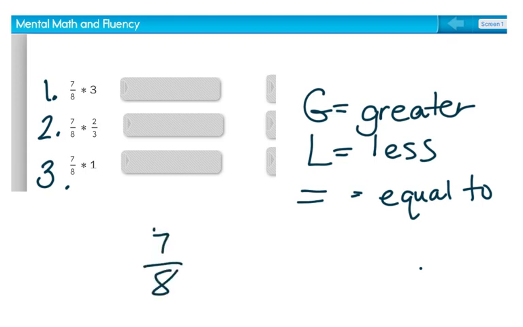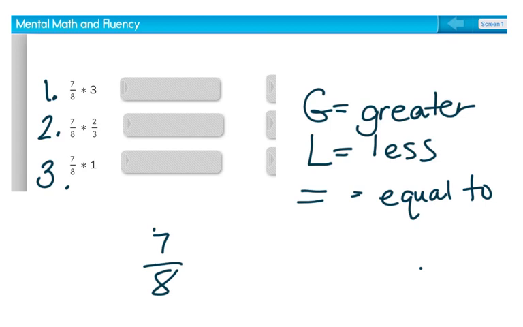So if I take number 1 and I take 7/8 times 3, we're going to compare them all to 7/8. So will the answer, if you take 3 times 7/8, be greater than 7/8, less than 7/8, or equal to 7/8? Number 2, if I take 7/8 times 2/3, will the answer be greater than 7/8, less than 7/8, or equal to 7/8?